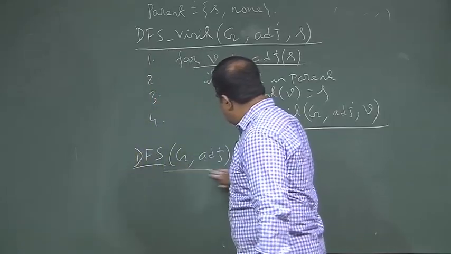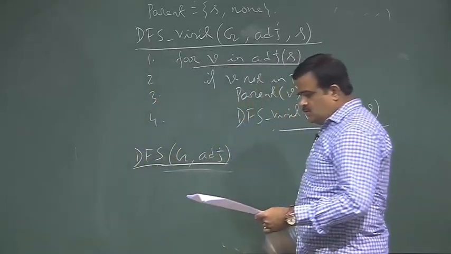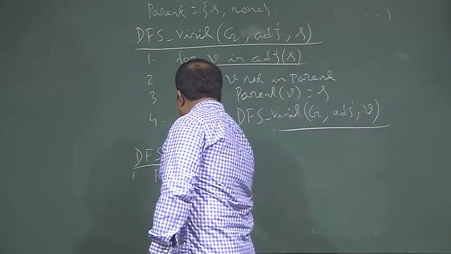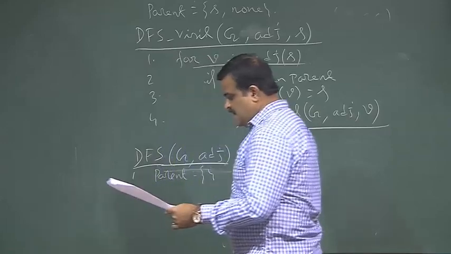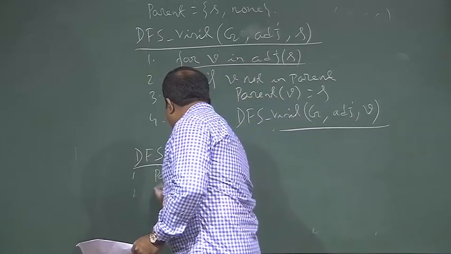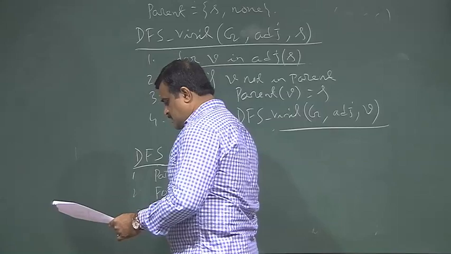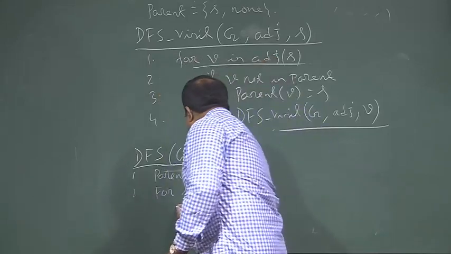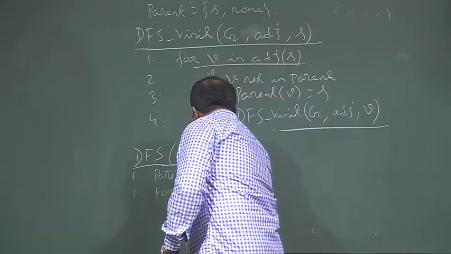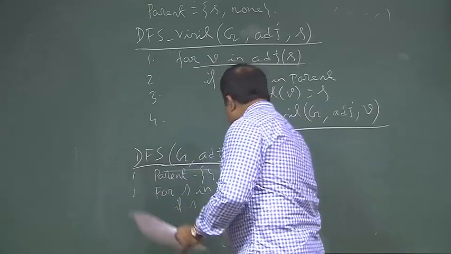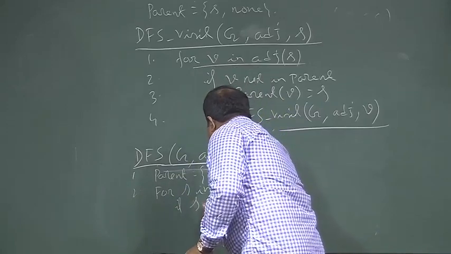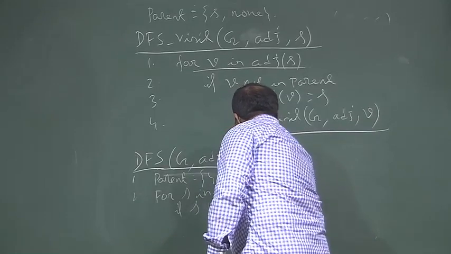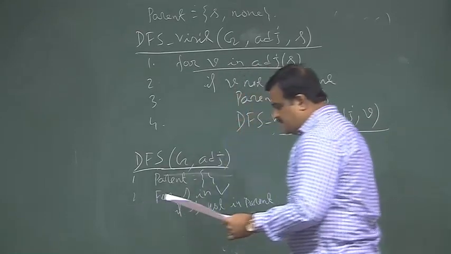Here there is no starting vertex, so we just have parent as empty, and then we choose an arbitrary vertex as S. For S in V, if S is not in parent, that means S is not explored.